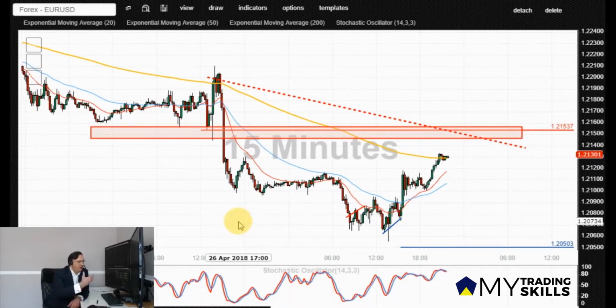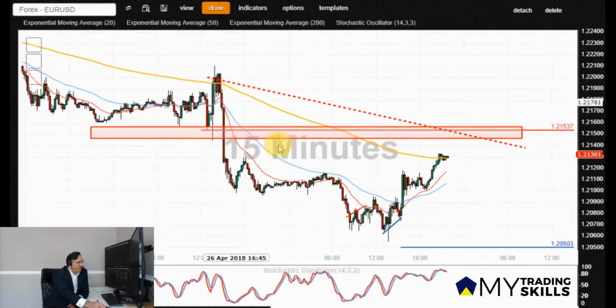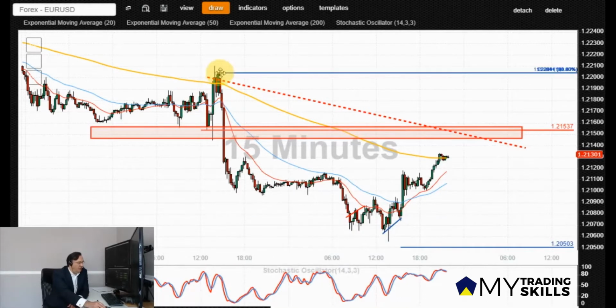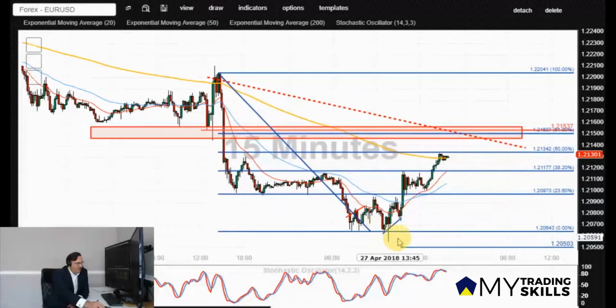Now, just by looking at this price action, we can see that we have a significant swing high and also a significant swing low. So I would draw a Fibonacci retracement which will measure this retracement of this overall impulsive move lower.